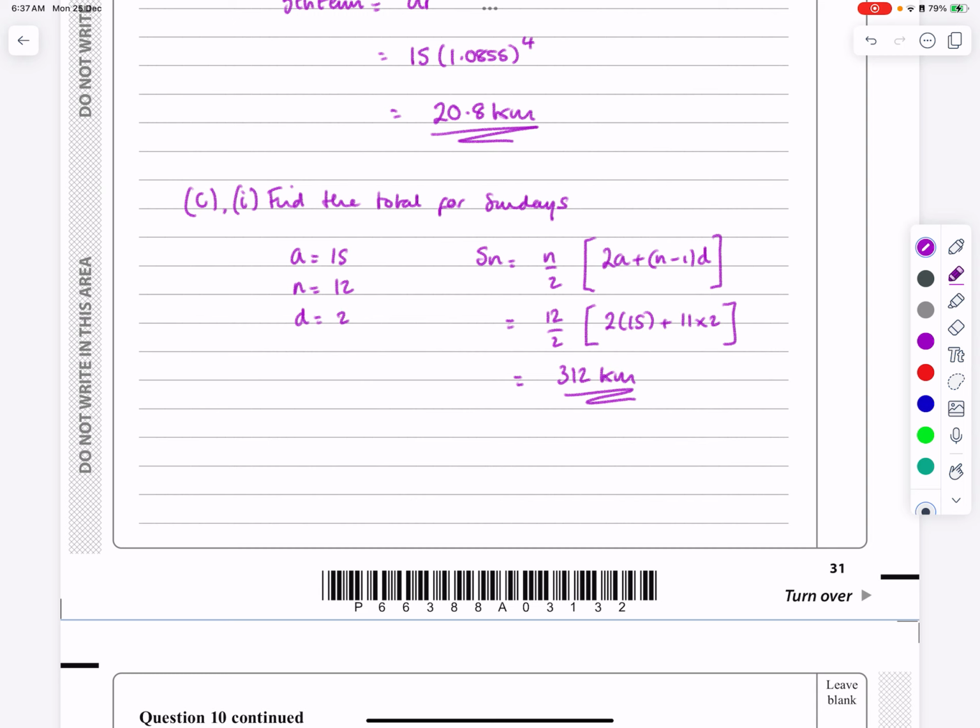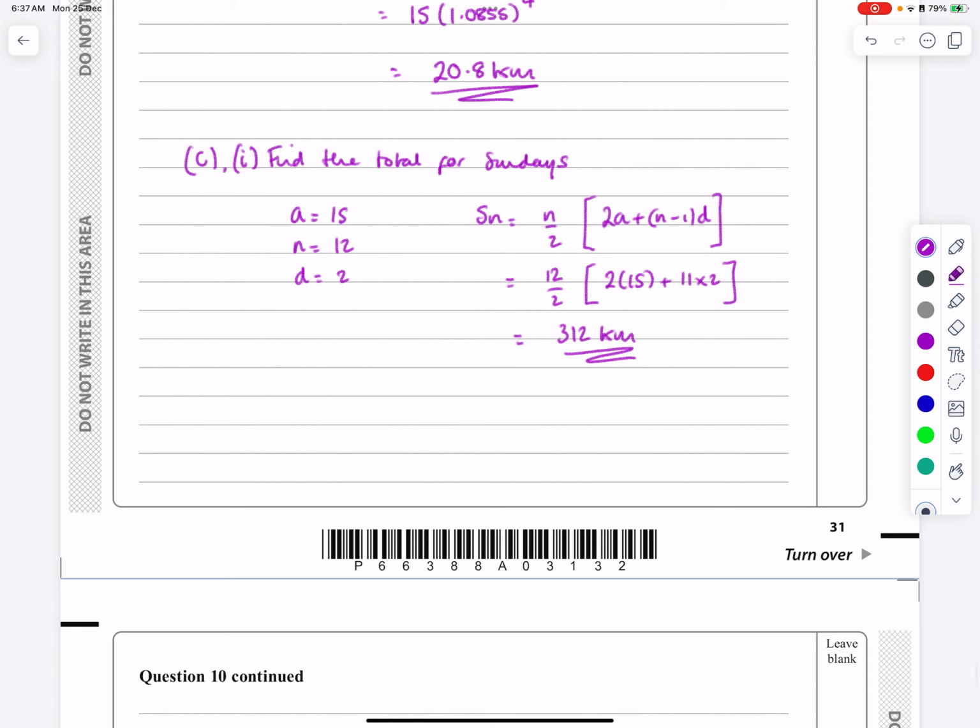Yeah, so if we've got that, let's now work out what X is going to be. The maximum distance is 360, and I have to do 312 using that because that's given to me, my Sundays.